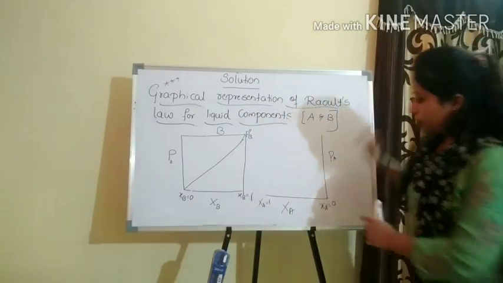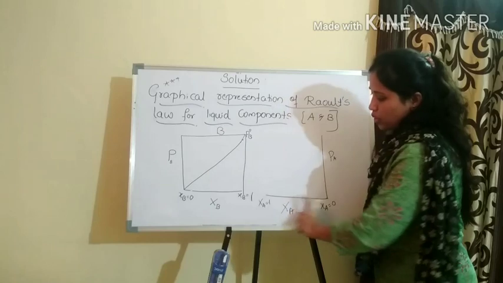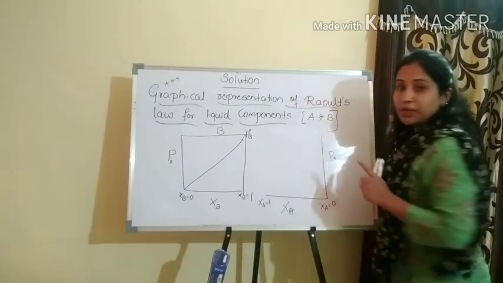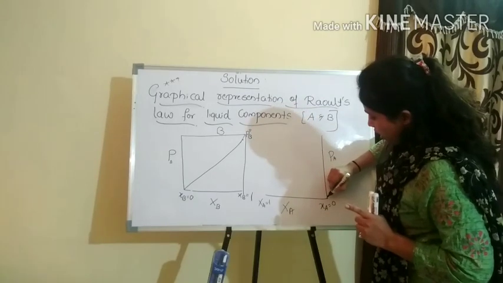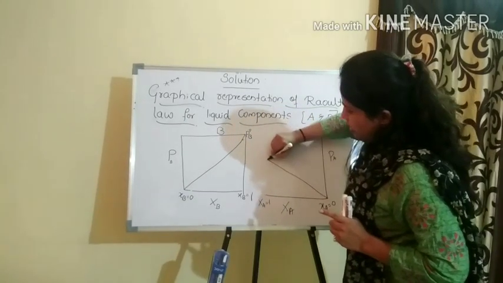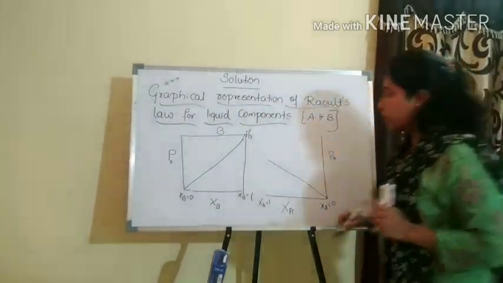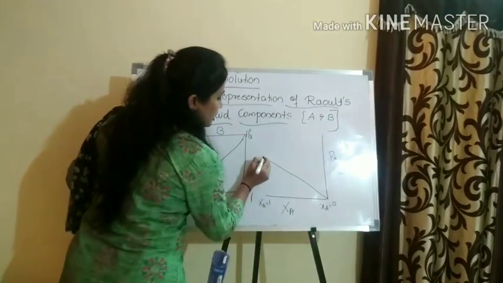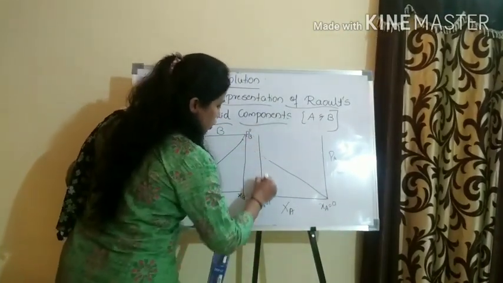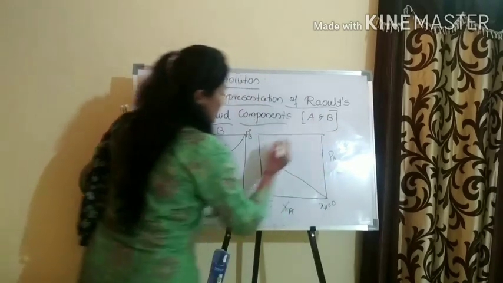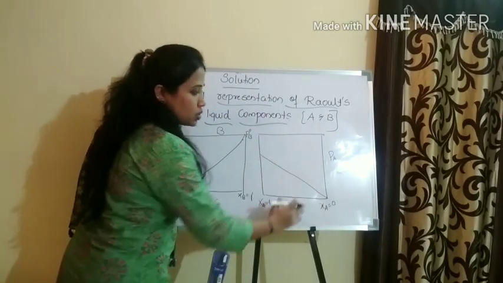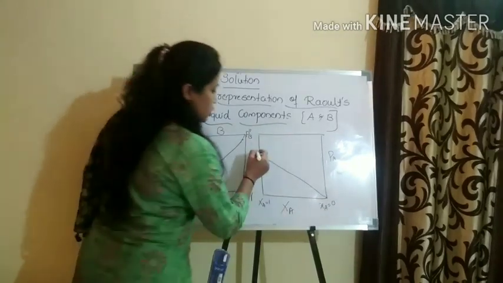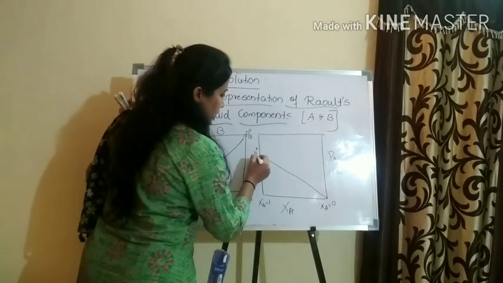As the mole fraction of the solvent increases, the vapor pressure of A also increases. So this is also a linear function like this. Agree? I'm going to join a linear function like this. Whatever the pressure generated is because of the pure component A. So this is P naught A.